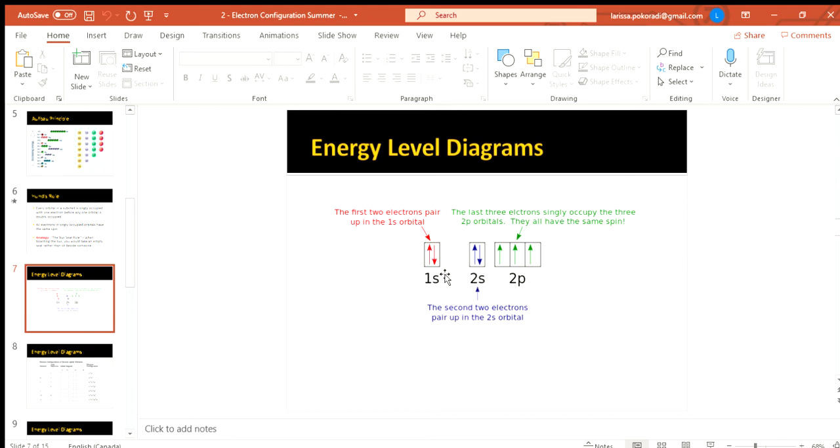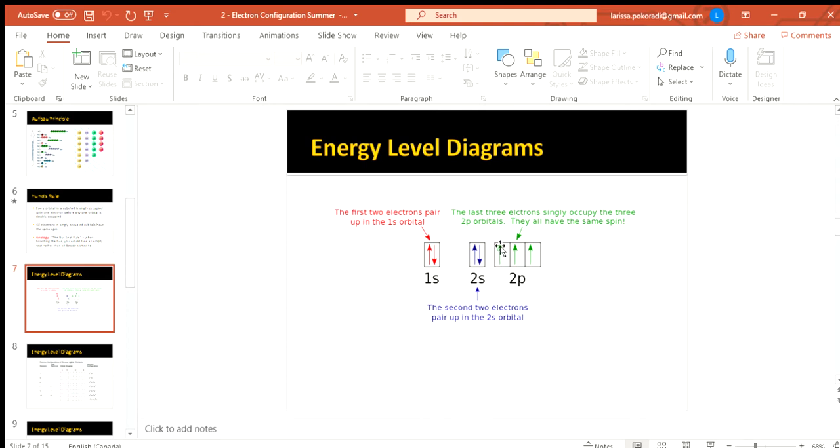We have to fill the 1s in its own orientation before we can get to the 2s. But once we have different orientations, once we have p's, d's, and f's, that's where Hund's rule comes in. They're going to singly occupy different orientations, and each one of these boxes is trying to show us a different orientation for that orbital until we have to have 2 in the same orientation.